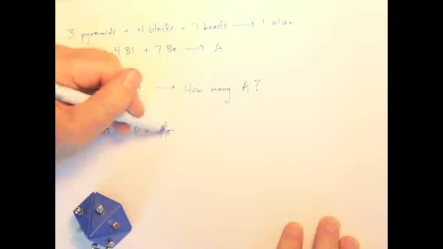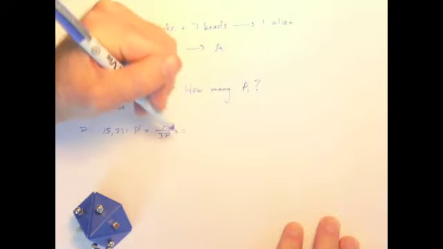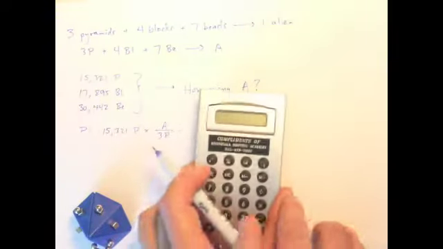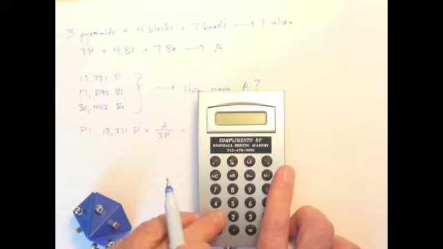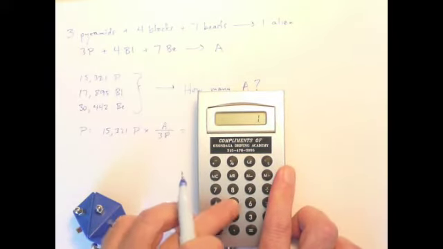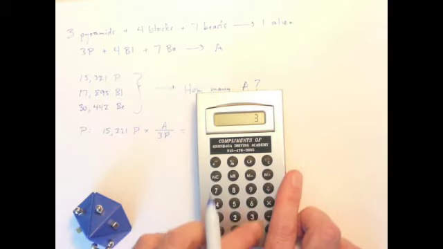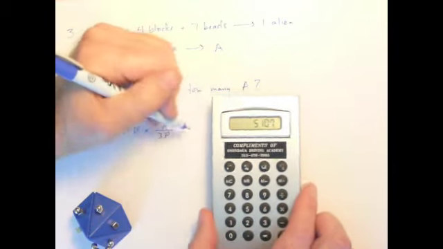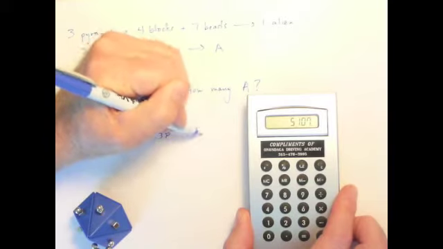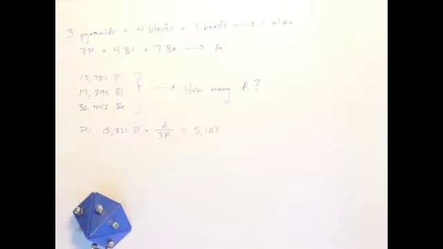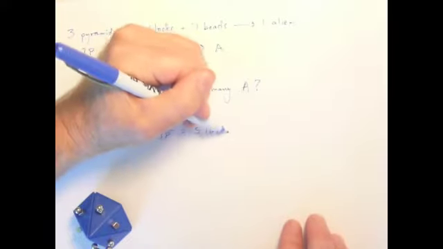Now the p is going to cancel out, and 15,321 divided by 3 equals 5,107 A.